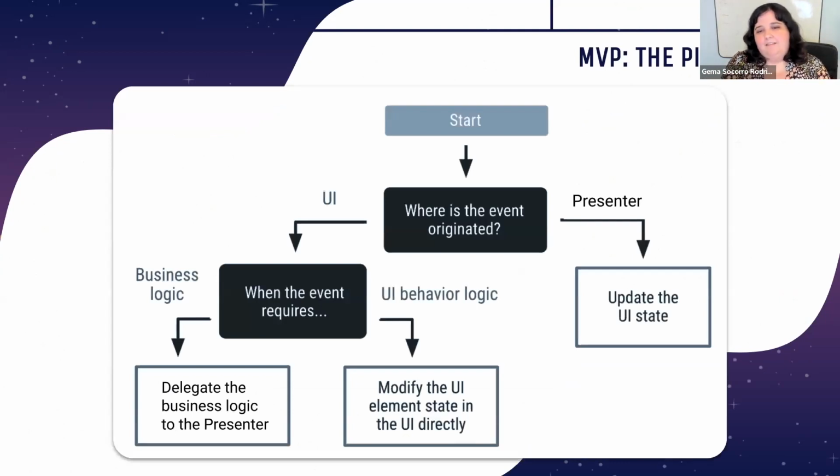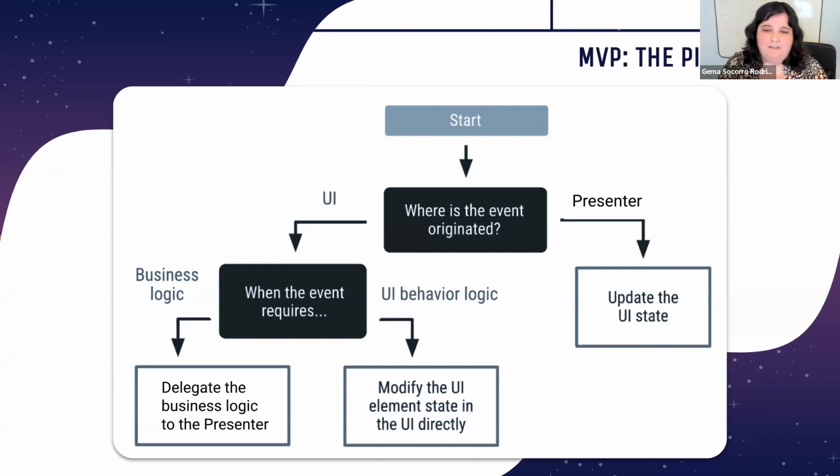There is a decision diagram, which is this one. I think it is in the architectural guides of Google, which is what I mostly use to take a decision. If I have an event from the presenter, it will be handled by the UI state, which will update the UI state.